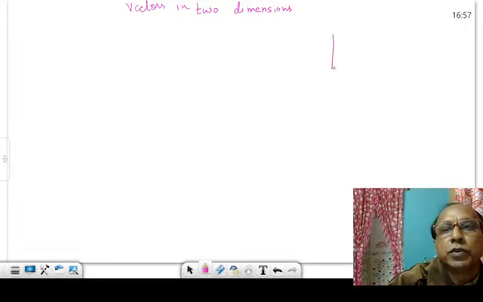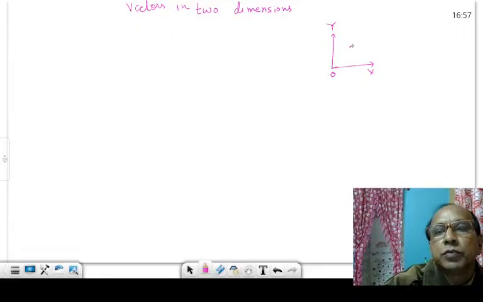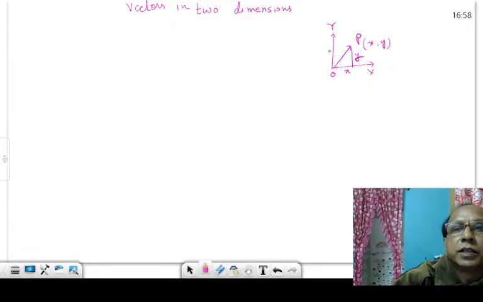Suppose this is the OX direction and this is the OY direction. This is position vector P, represented by R, and it is given by x and y. That means this value is x and this value is y. If we consider this vector as R, then we can write vector R equals x i vector, where i is the unit vector, plus y j vector.